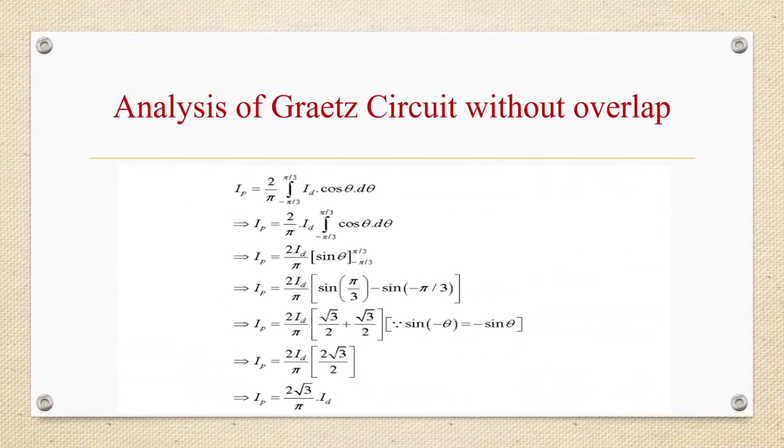So 2 Id by pi integral minus pi by 3 to plus pi by 3 cos theta d theta. The integral of cos is sine. So 2 Id by pi common, sine theta is the integral, with limits minus pi by 3 to plus pi by 3. When we substitute the limits, sine of minus theta is minus sine theta. So after substitutions we get the IP value as 2 root 3 by pi Id.